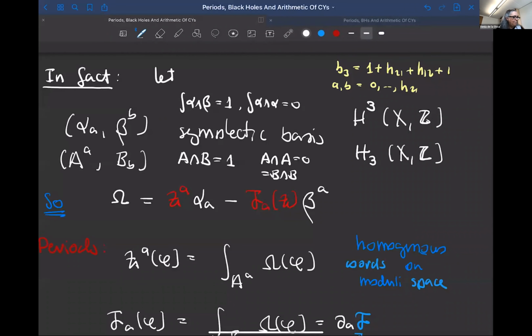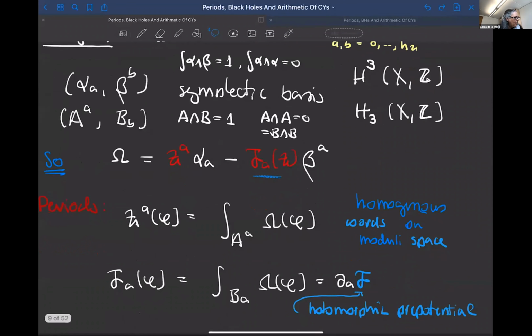So given a symplectic basis of the third cohomology group, one can write down the holomorphic (3,0) form as a linear combination of these bases with coefficients Z^A and F_A, right?